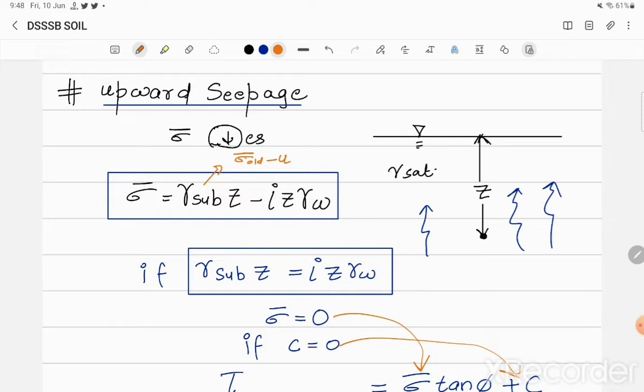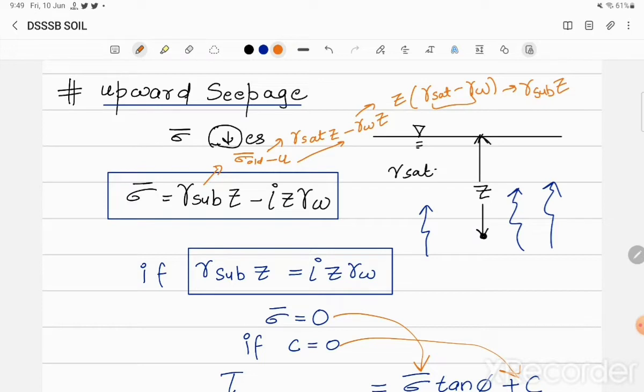So sigma old is nothing but gamma sat z, while mu is nothing but minus gamma w z. If we take out z common, then gamma saturated minus gamma w is said to be gamma submerged.